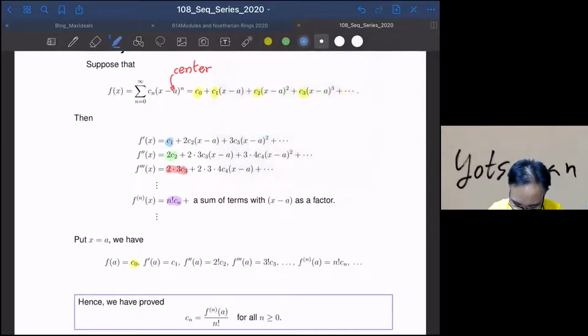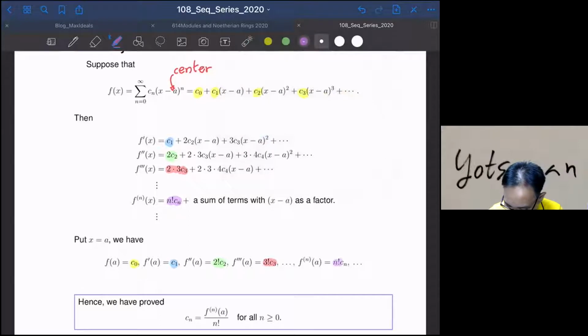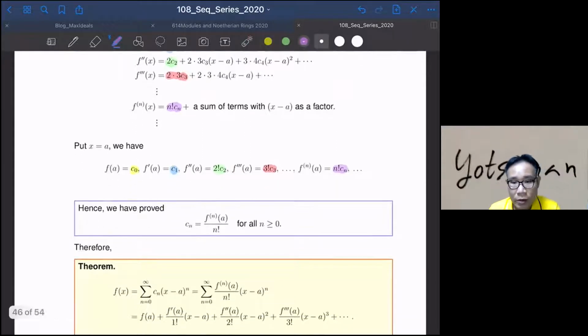Then f double prime of a is 2 factorial c2, f triple prime of a is 3 factorial c3, and the nth derivative of f at a is n factorial c_n. This allows you to find c_n by dividing both sides by n factorial.